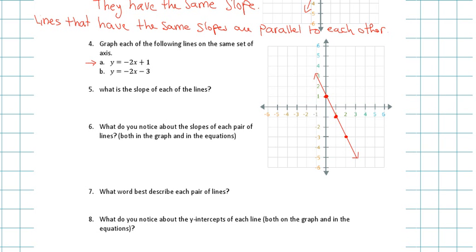For the second line, my y-intercept is -3, and I am also going down 2 over 1.